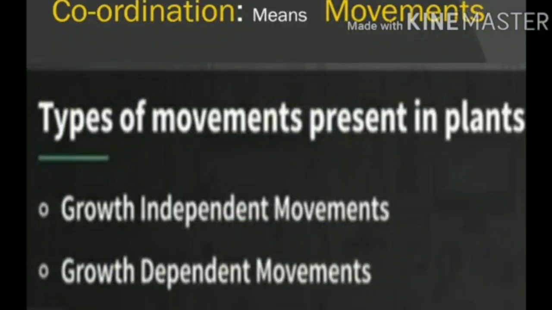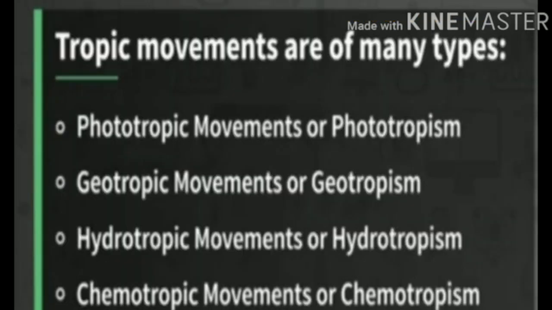Let us quickly summarize the lesson. Coordination in plants means movements in plants. Movements in plants are of two types: growth dependent movements and growth independent movements. Growth dependent movements, that is tropic movements, are of four types: phototropic, geotropic, hydrotropic and chemotropic movements.